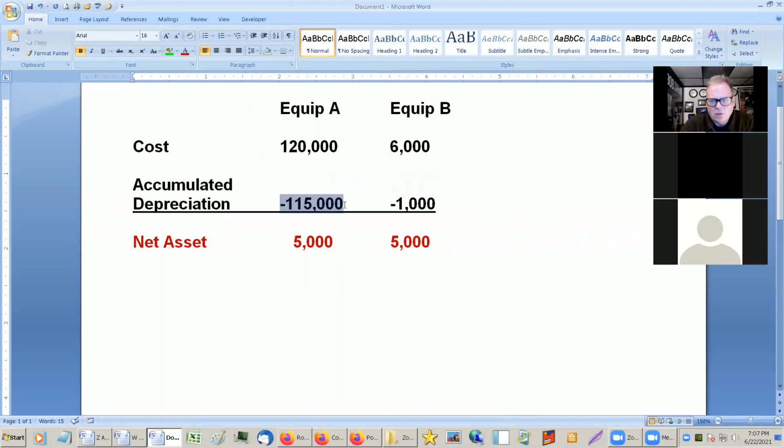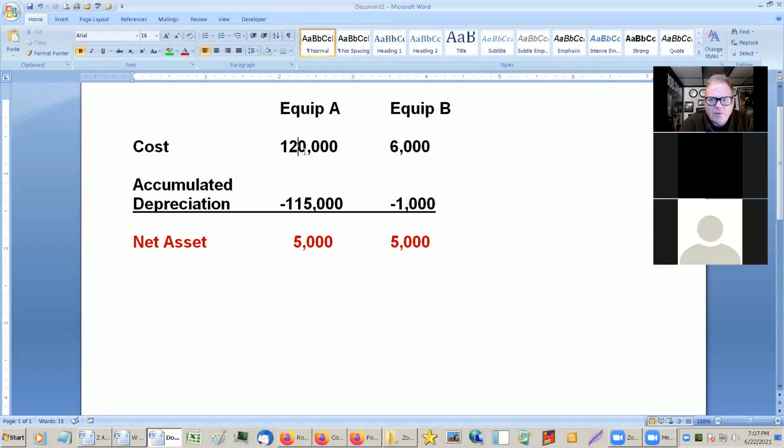So this one is older. And this one, it has some depreciation, but not nearly as much of it. There's only 6,000, so there's still quite a bit left of that. Even though they have the same net asset value, just by looking at this, you can tell which one is most likely older.